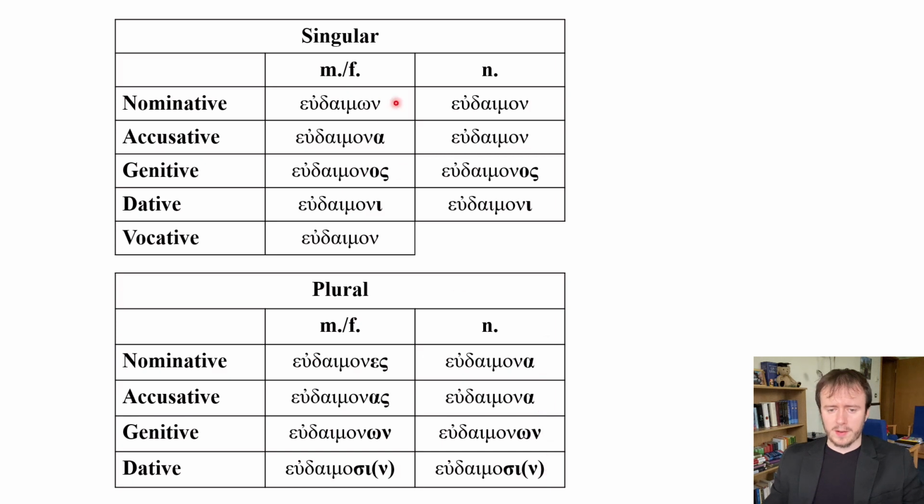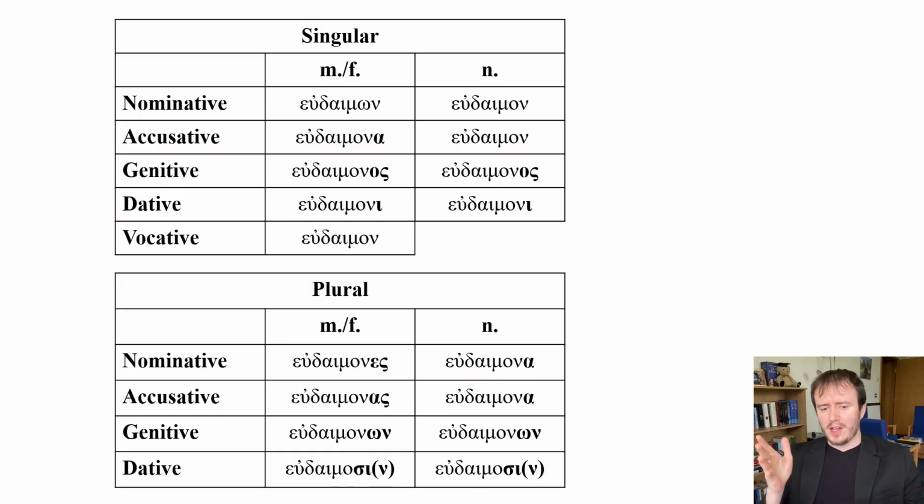In the masculine/feminine, it declines as follows: εὐδαίμων, εὐδαίμονα, εὐδαίμονος, εὐδαίμονι, εὔδαιμον, εὐδαίμονες, εὐδαίμονας, εὐδαιμόνων, εὐδαίμοσιν. In the neuter, it goes εὔδαιμον, εὔδαιμον, εὐδαίμονος, εὐδαίμονι, εὐδαίμονα, εὐδαίμονα, εὐδαιμόνων, εὐδαίμοσιν.